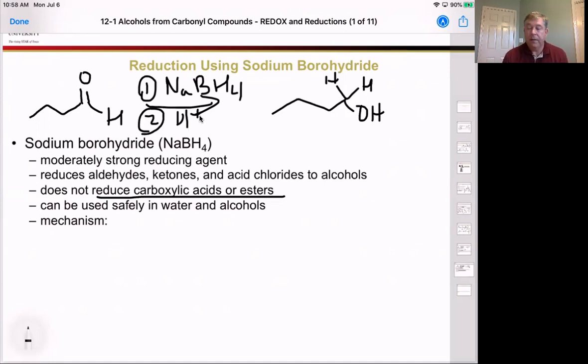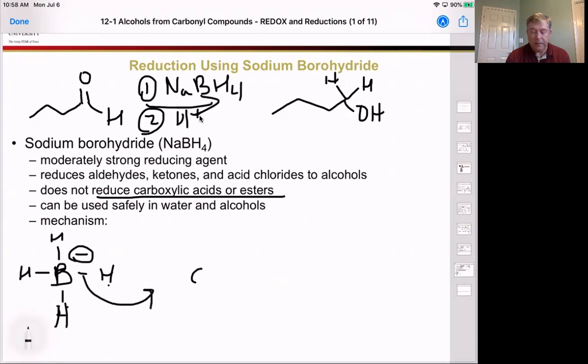Now, the way this works is we have our boron species at the center, and it's bonded to 4 hydrogens here. Now, boron typically wants to have 3 bonds, so that's going to give us a negative charge on this boron here, which means the hydrogen is going to act as the nucleophile and attack the carbonyl carbon. And in this case, I'll use a ketone.